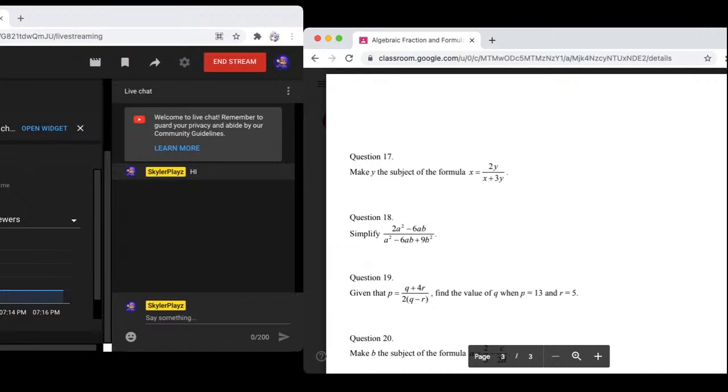I first move the x divided by 2y to the left, and then 1 over x divided by 3 minus 2.